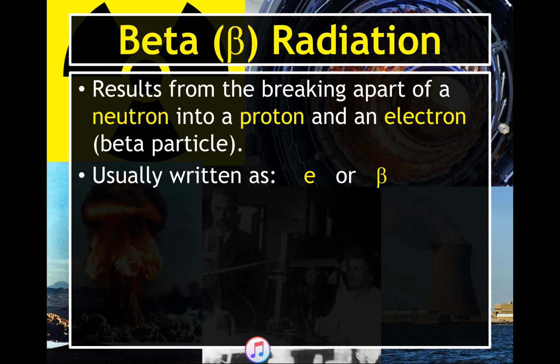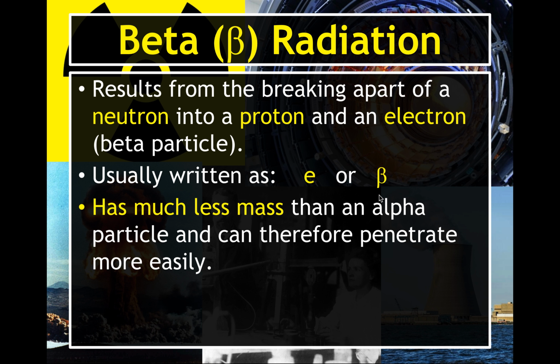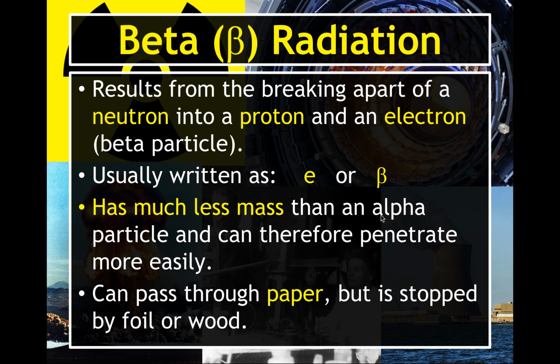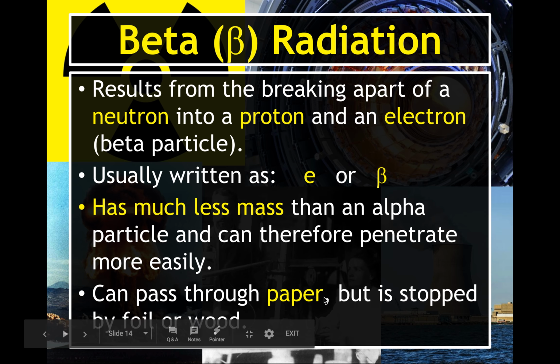Now, usually we're going to write this as an e because we have an electron, or you can use a beta symbol. This has much less mass than an alpha particle, and therefore can penetrate more easily. It can pass through paper, but is going to be stopped by foil or wood.